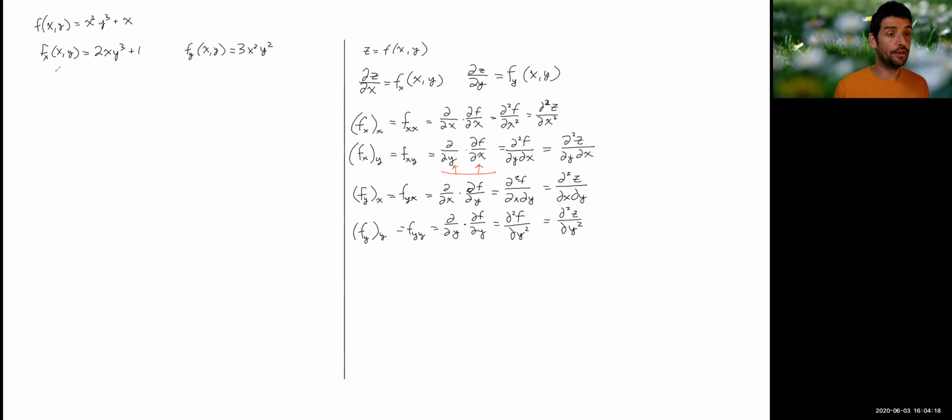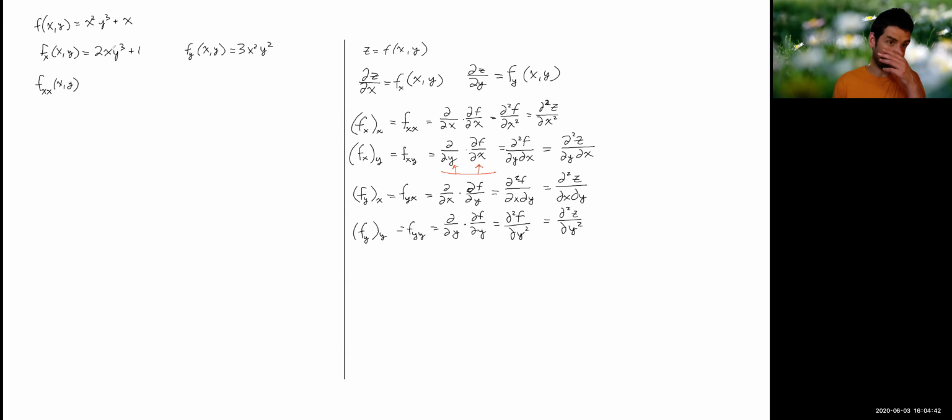All right, so now for each of these, look at these two functions. They're both functions of x and of y. And so for each of these, I can take an x derivative and a y derivative. So let's start with the x partial, the first partial derivative with respect to x, and take another x derivative.